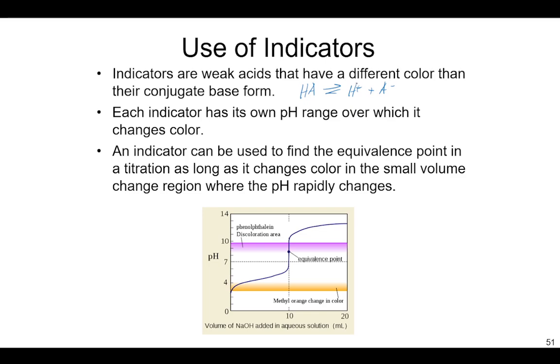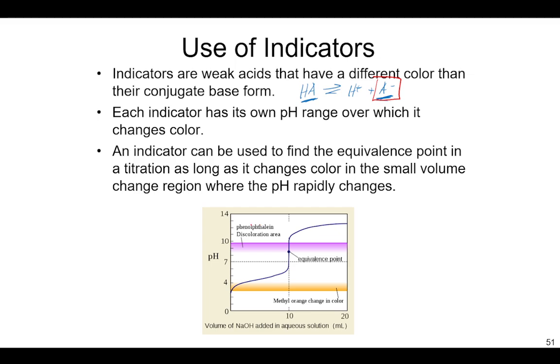During a titration where the pH is changing, you will be shifting back and forth between two different forms of a conjugate acid base pair for this weak acid indicator. And the indicator has the property that one of its conjugates is going to have a different color.